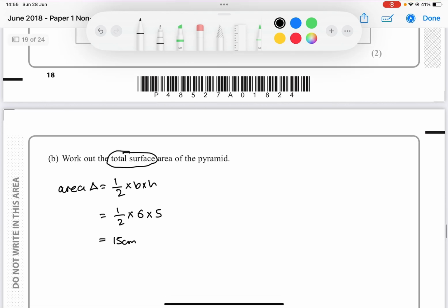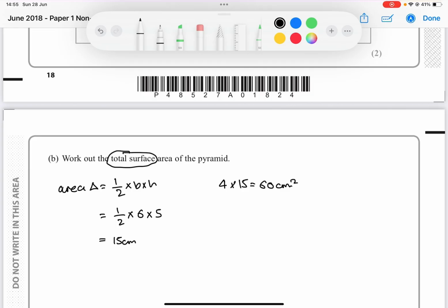So for 4 triangles, you just do 4 times 15, which is 60. Okay, so that is for all of the triangles put together.